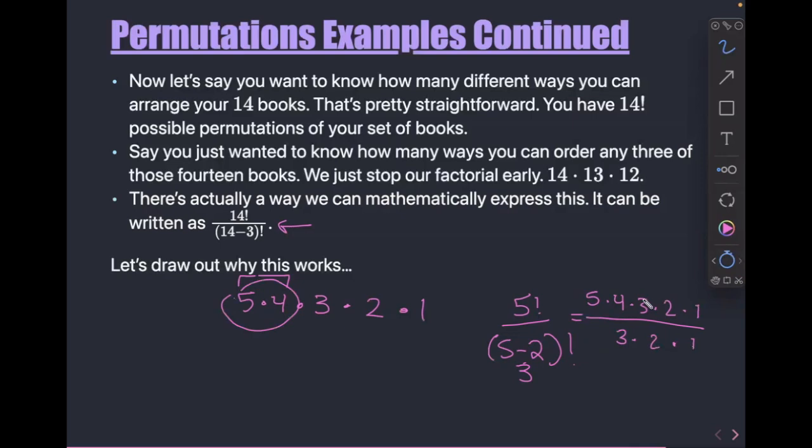Now, the way fractions work, I can cancel out numerator and denominator. I can cancel this 3 out, cancel this 2 out, cancel these 1s. And now I just have my 5 times 4, which is exactly what I was looking for. That's the reasoning behind why this works. It basically cuts the tail off of your factorial. And that's why we use this formulation.